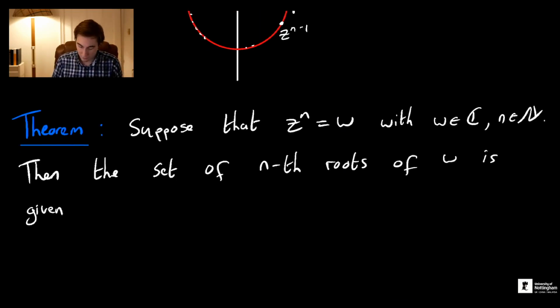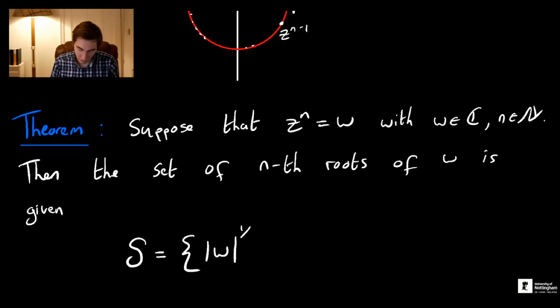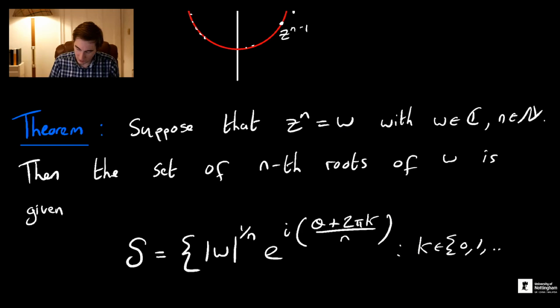So in other words, my solution set, I write it as S, is going to be the set of elements the modulus of w to the power of 1 over n, e to the i, theta plus 2 pi k over n, such that we take k running from 0 up to n minus 1. So that kind of gives us all these points around our circle.